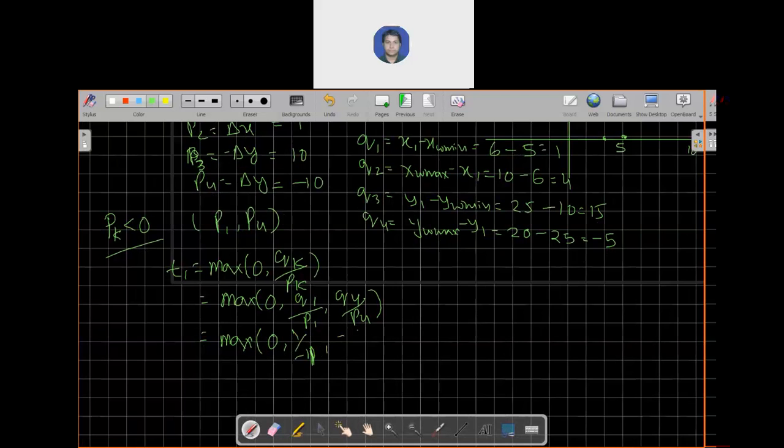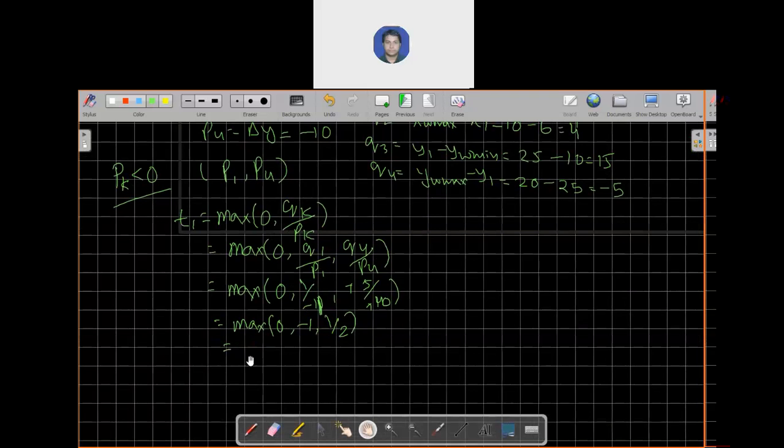So minus 5 divided by minus 10, the minus signs cancel, giving 1 by 2. So max of 0, minus 1 and 1 by 2: which value is greater? It is 1 by 2. So the value of t1 is 1 by 2.